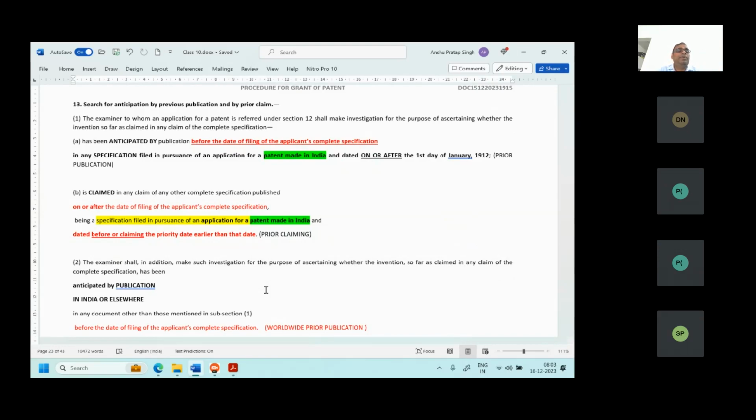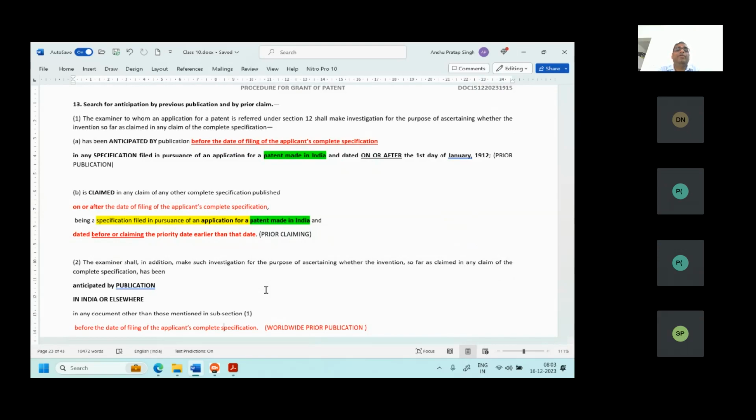So what it says is publication in India or elsewhere in any document other than most. So except Indian patents, Indian patent documents, everything else, including patents from outside, are under section 13.2.